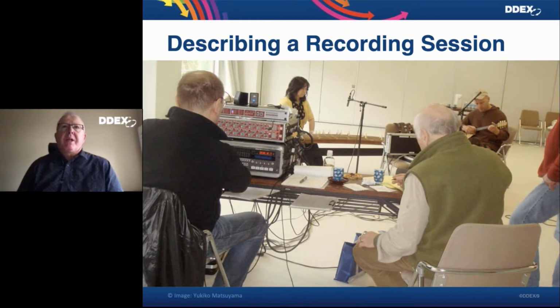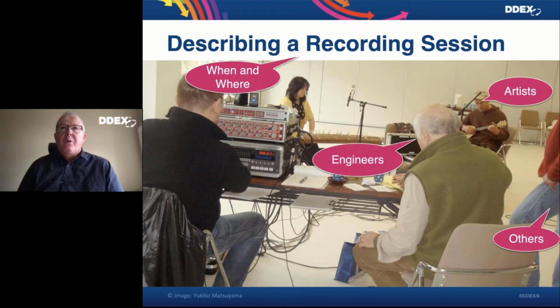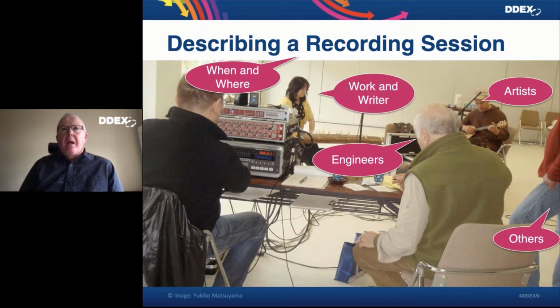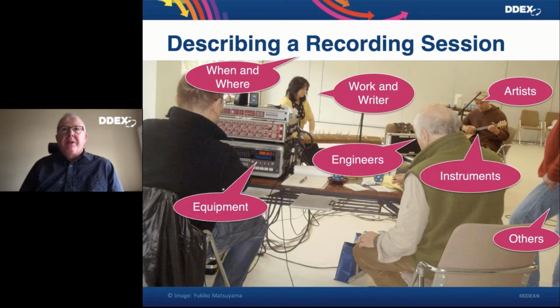So what RIN seeks to do is to describe a recording session. So it will set out information about when and where the recording session took place, who the contributors are, artists of all shapes and sizes, whether they're the main artist or just playing the triangle or something of that nature. It will also detail the creator of the musical work, so the composer or writer of a musical work that may be being created in a studio.